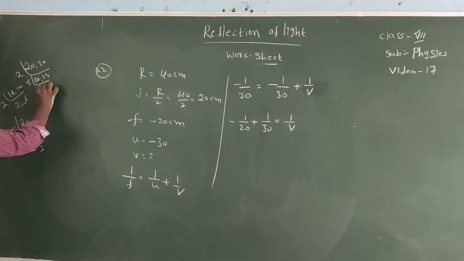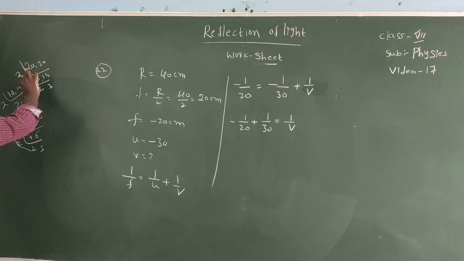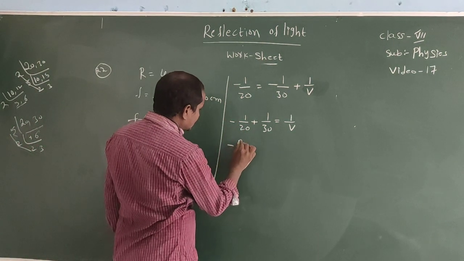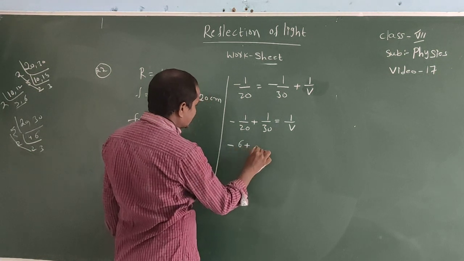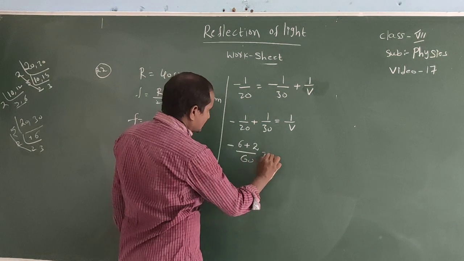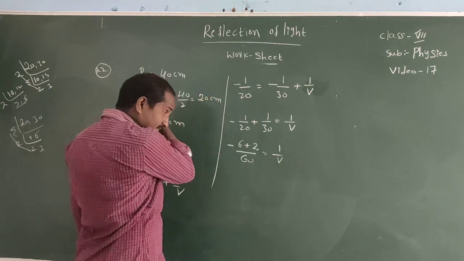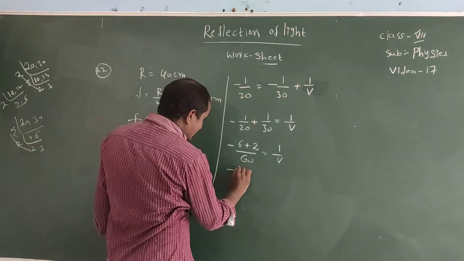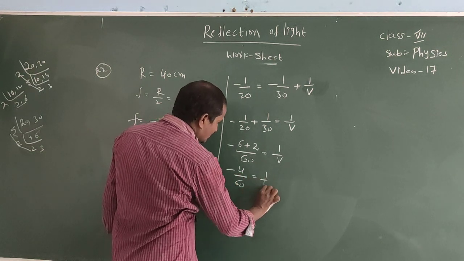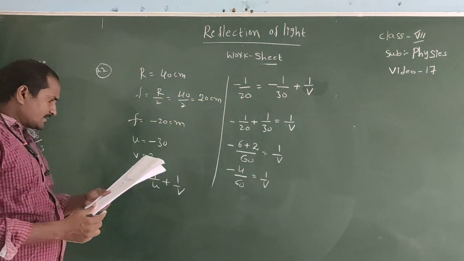Again 5 table. 60. So here 6 times minus 6 plus here 2 times by 60 equal to 1 by v. Okay, minus 4 by 60 equal to 1 by v.